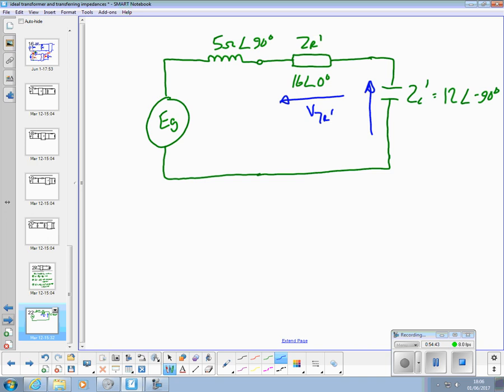That's the idea of it. So what we've got to do now is find VZR dash and VZC dash, then transfer back.